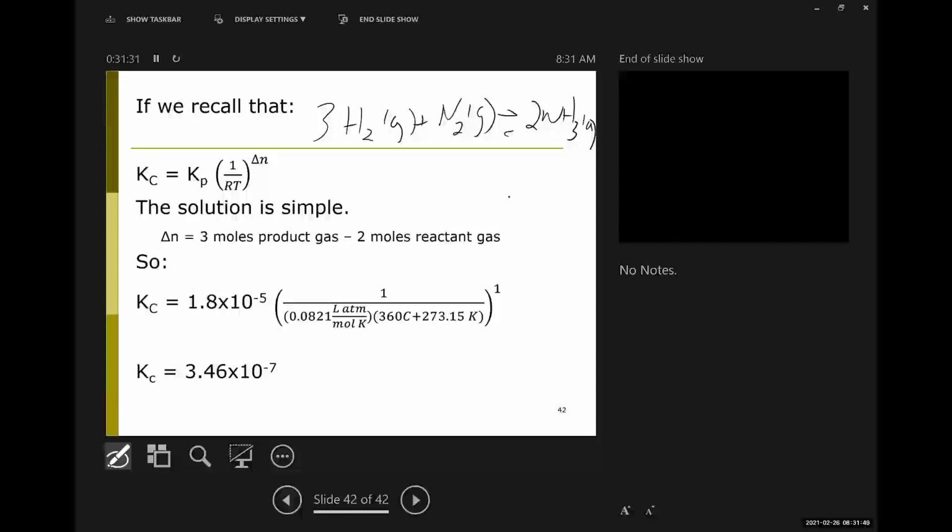Prior to the Haber process, somewhere around 80% of the population was dedicated to generating food. After the Haber process, less than 10% ultimately of the population was dedicated to creating food, which freed up the other 90% for the Industrial Revolution. But that's a strictly gas phase reaction, so it has a Kc and a Kp.